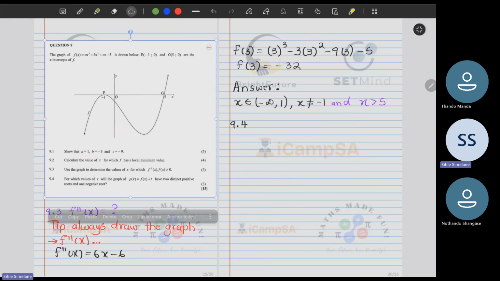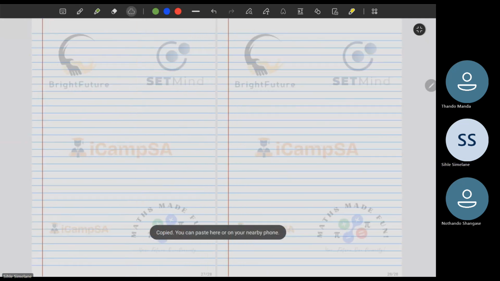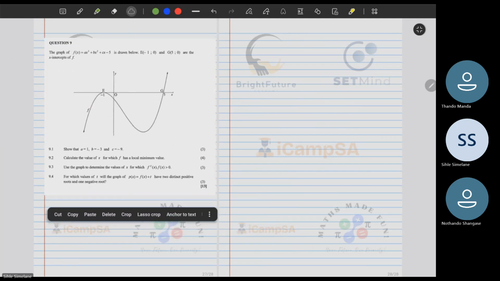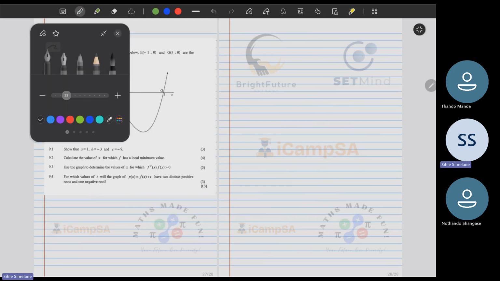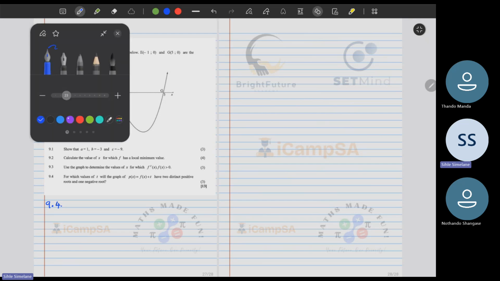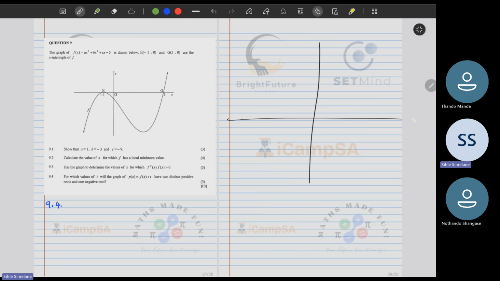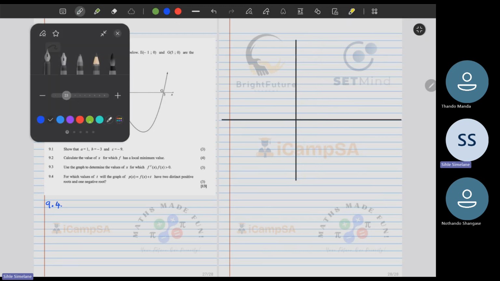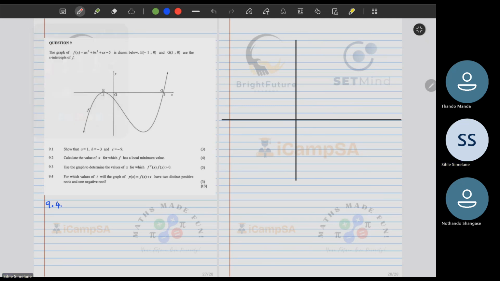Let me go to the next page for this one. Okay, so let's have a look at what is happening here. I'm going to draw another graph. We're looking at 9.4. So let me quickly have a rough sketch here. This graph of ours. If you observe carefully, they are saying we need to figure out t such that we are going to have two positive roots.